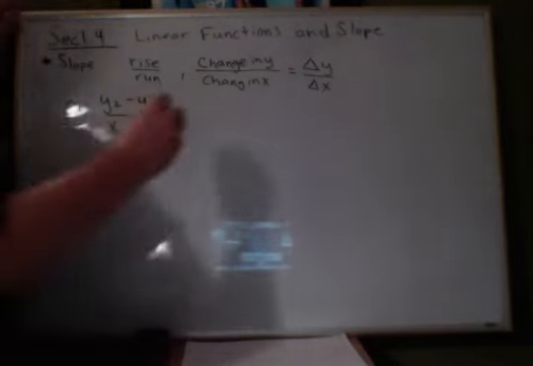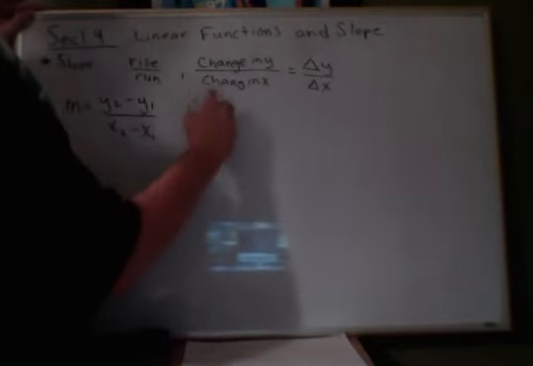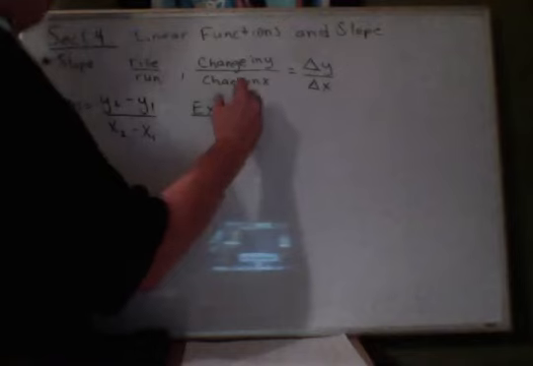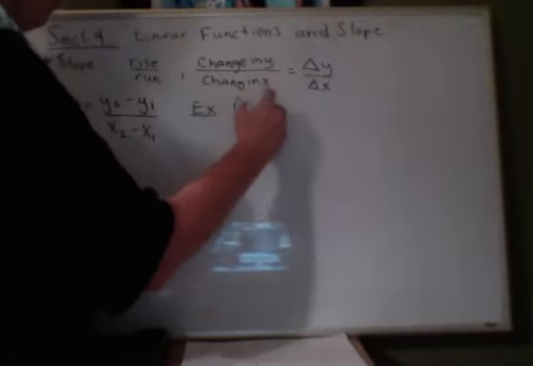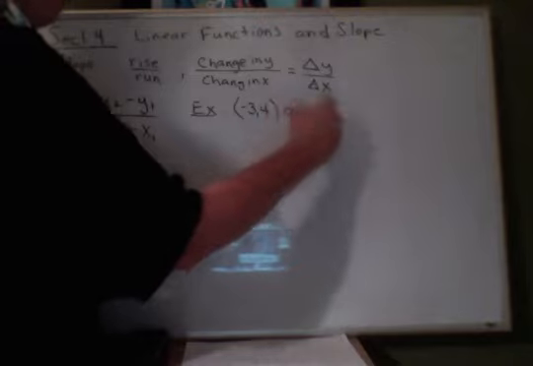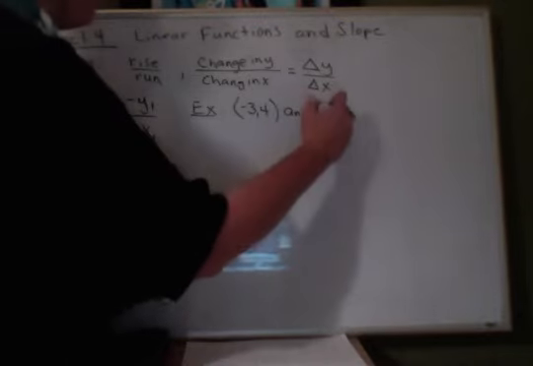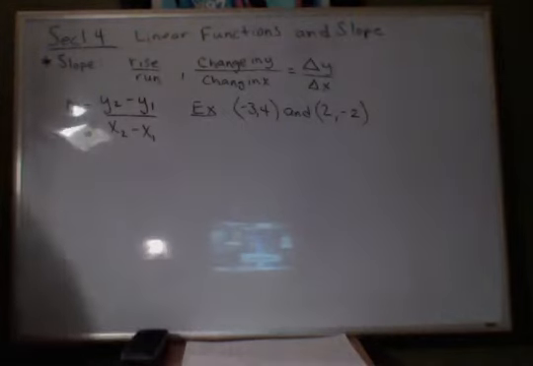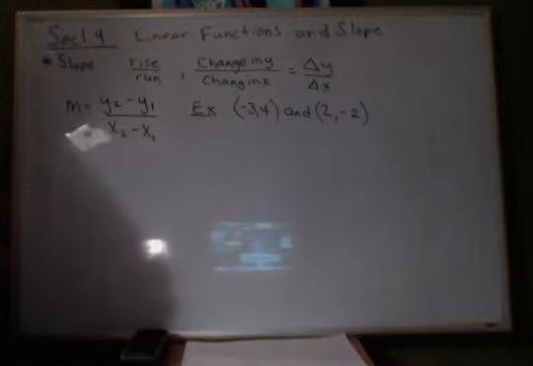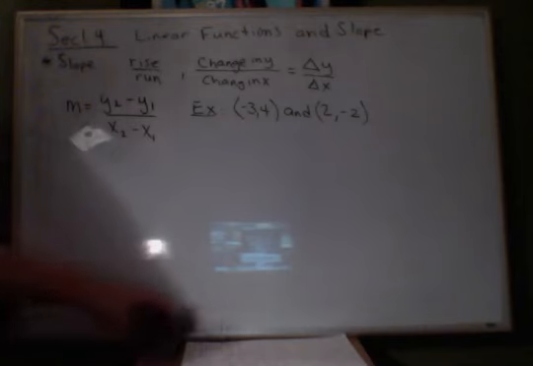Let's look at just a very quick example of that. If I'm trying to find the slope between the points negative 3, 4 and the point 2, negative 2, for whatever reason people still seem to have trouble sometimes finding the slope of a line with these 2 points because they subtract things in the wrong order or they get mixed up with the negatives.